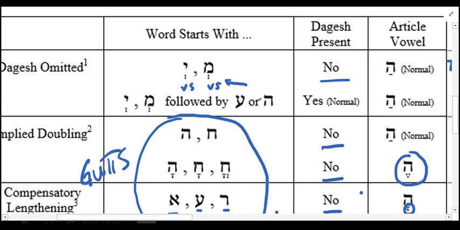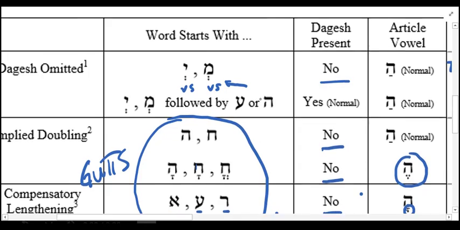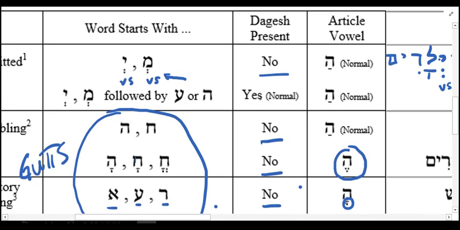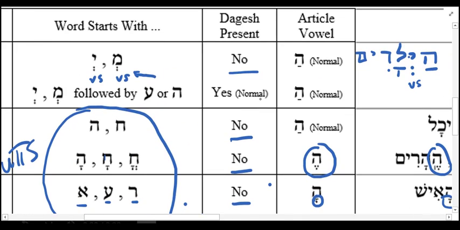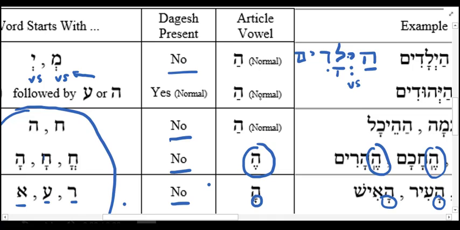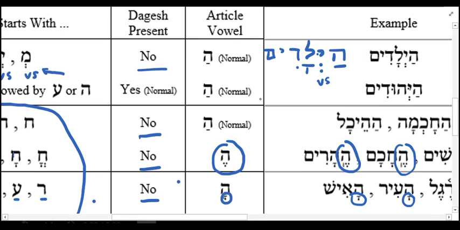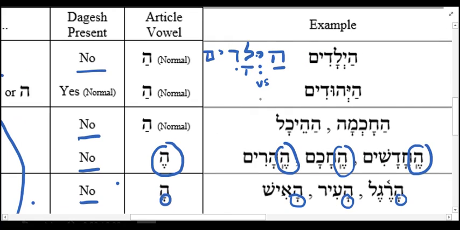Y and m. And when that happens, the article should be hey pathak doubling dot, but the doubling dot won't be written in these situations, okay? So let's take this word yiladim, which is the word for children.